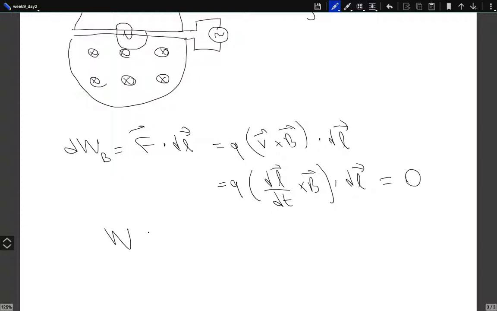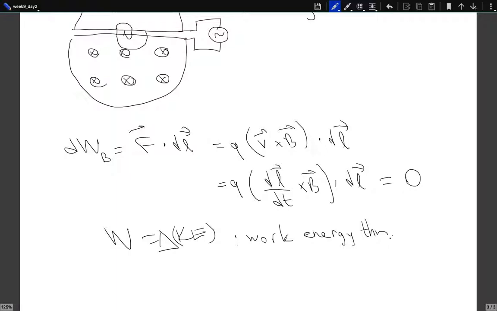So if you remember the work and kinetic energy theorem, the work done on an object by all the forces acting on the object is just the change in its kinetic energy. Do you remember this? This was called the work energy theorem from 105.